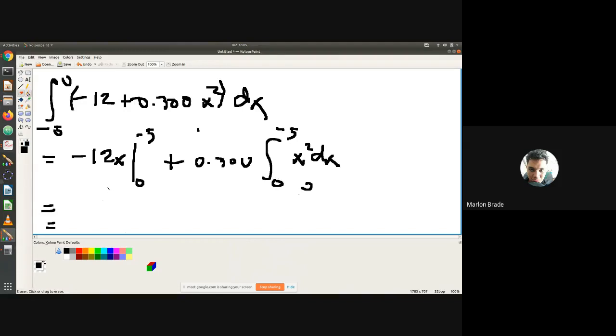So this is about 12 times 5 is 60. So positive 60, it doesn't matter. So plus 0.300 times -5 squared. Calculate doon eh. I think same ra gyapon answer.